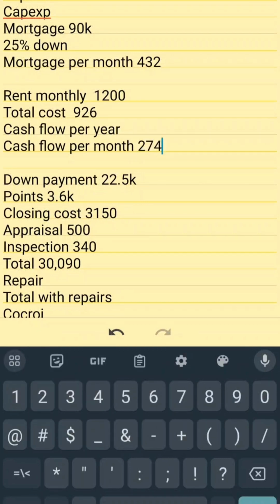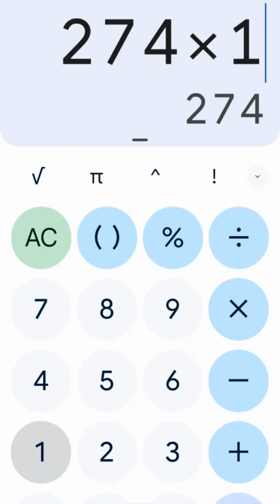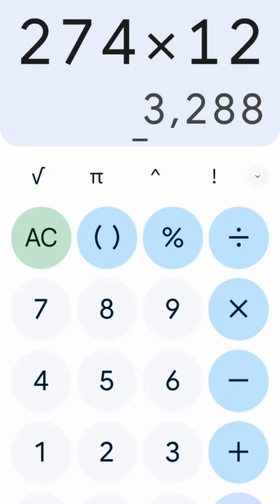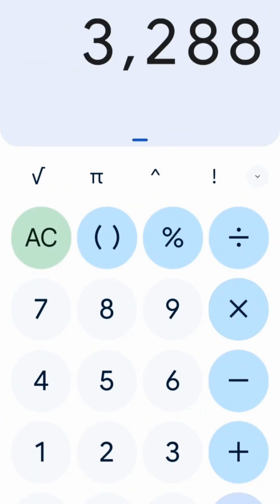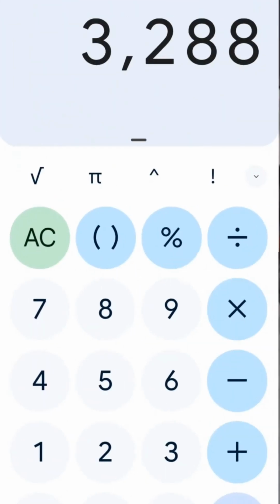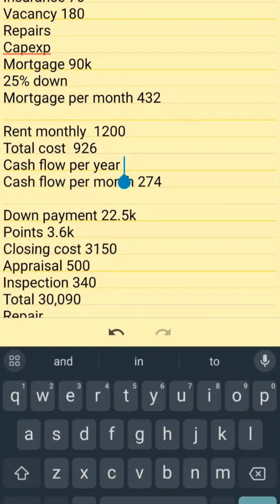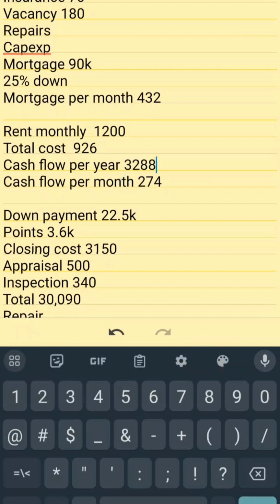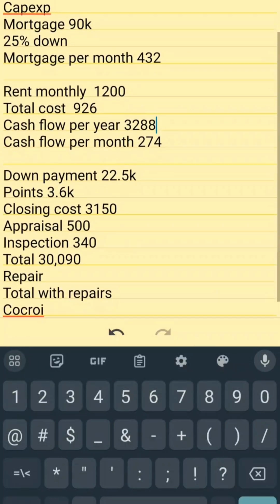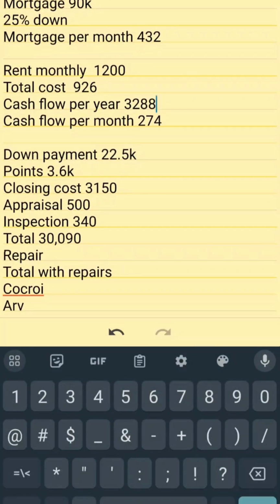Now we want to take that number and multiply it by 12 for our yearly cash flow, which is $3,288. Now we want to figure out what our cash on cash return on investment is.